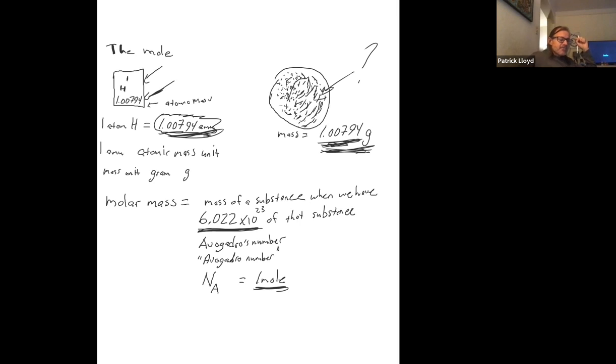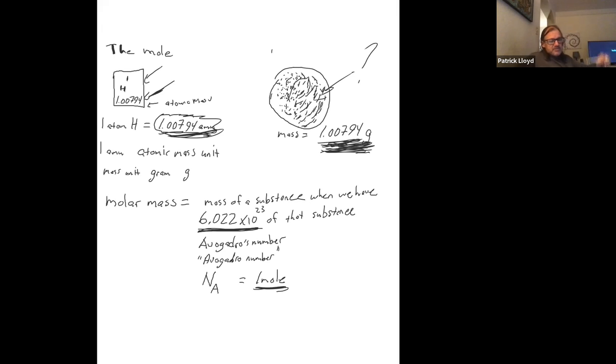Okay? So if we have 6.022 times 10 to the 23rd hydrogen atoms, that's called a mole of hydrogen atoms. And the mass of that number would be 1.00794.